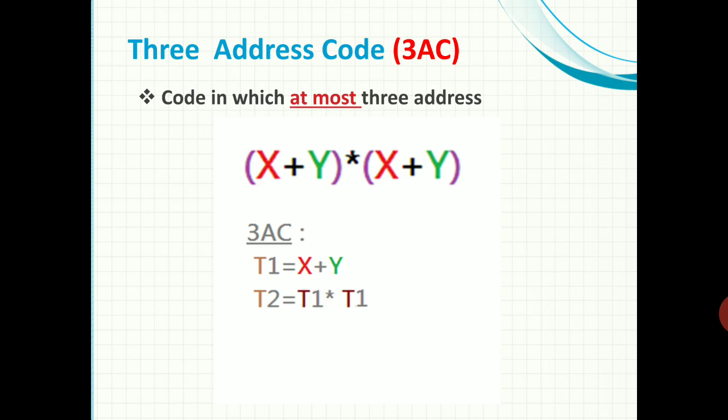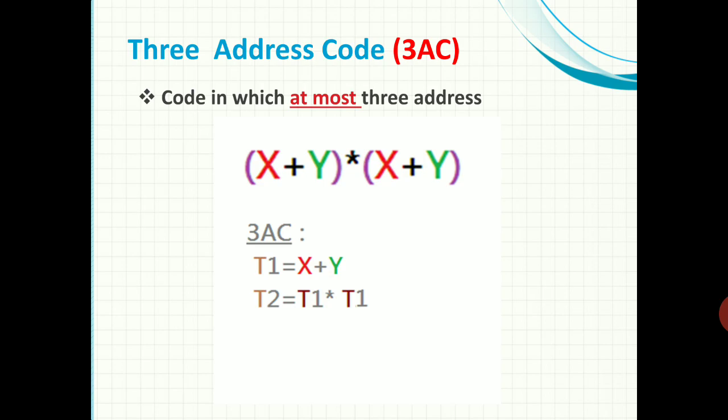Sometimes a statement might contain fewer than three also. A statement involving no more than three addresses or references is in three-address code. Most of the time it contains two operands and one result. So it must contain a maximum of two operands and one reference to the result, totally a maximum of three addresses.